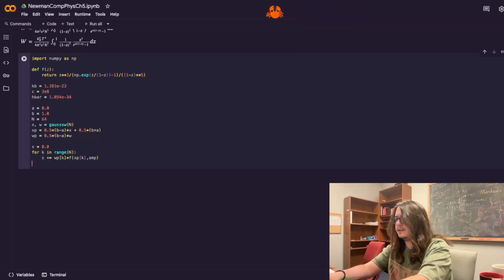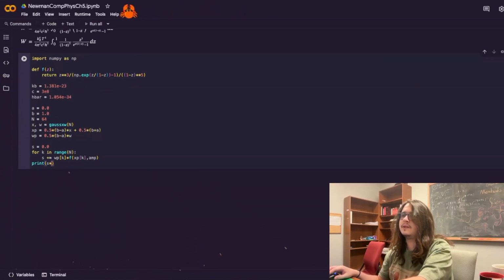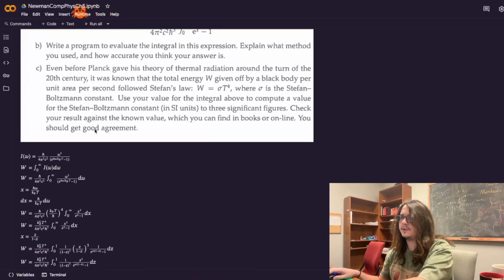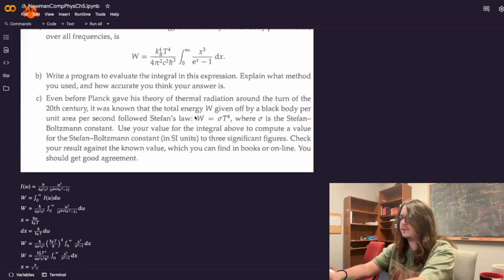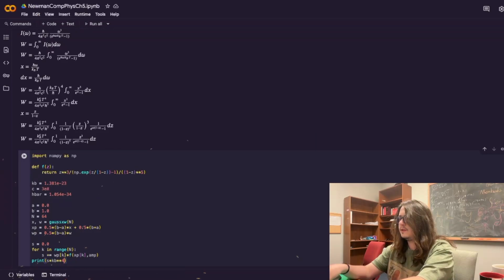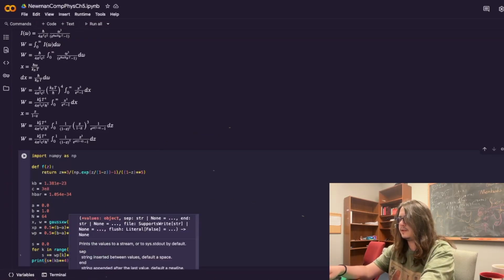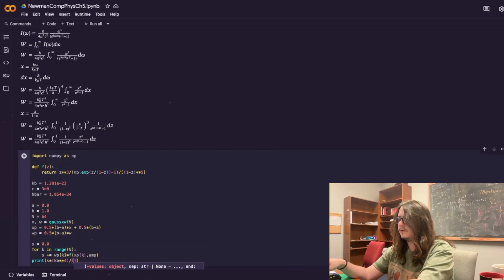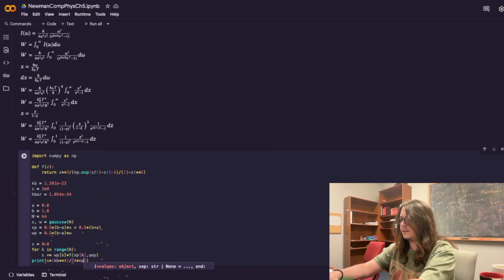And then at the end, we can print out the value of the integral s times all the constants that we did. So kB to the 4th, put that in parentheses, and then divided by 4 times pi squared, and then put that in parentheses as well.